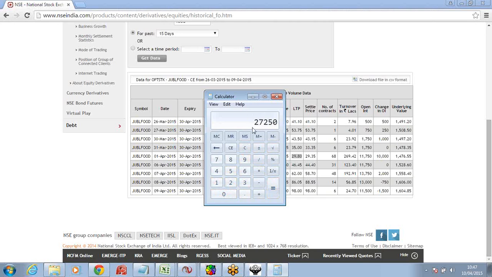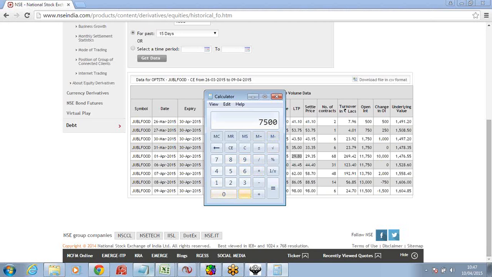So that is around 27,000 rupees profit. The investment is 7,500 rupees, for which you have made a profit of around 27,000 rupees, more than 3 times your investment.